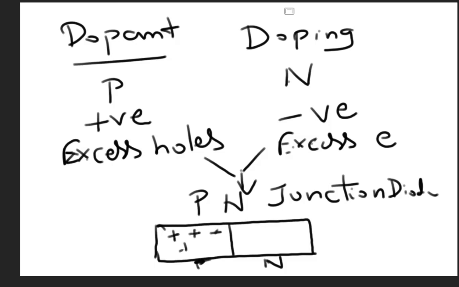P-type material has all positive charges in excess, while N-type material has negative charges in excess. And this is a PN junction diode. In the next session, let us understand the PN junction diode.